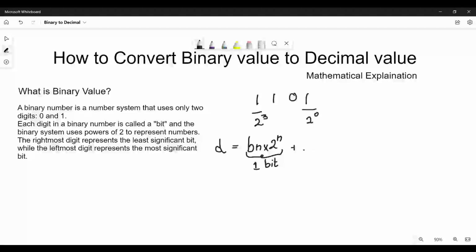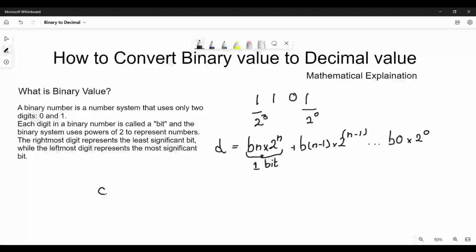This and the next following bit would be b n minus 1 times 2 to the power n minus 1, and this would go on until b0 times 2 to the power 0. Now this would be our general formula.